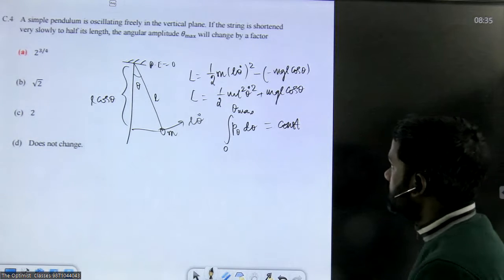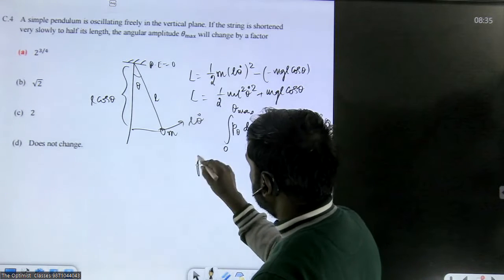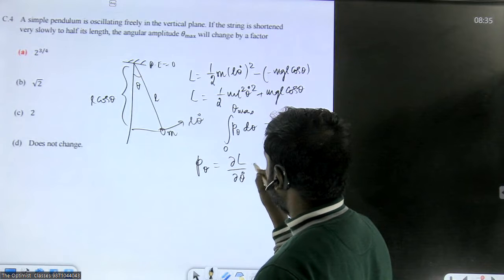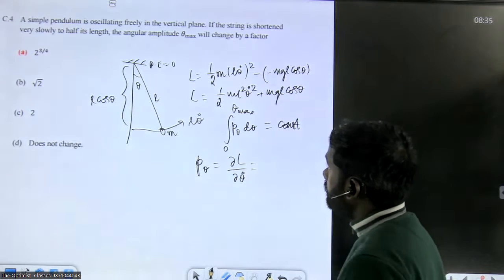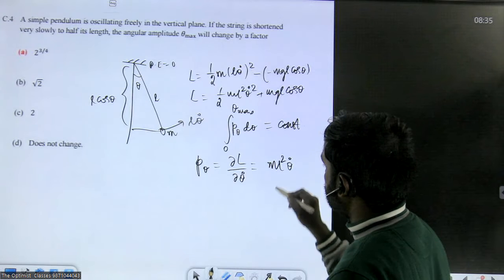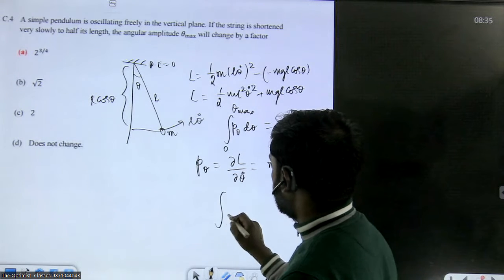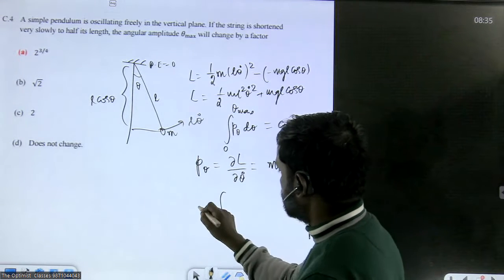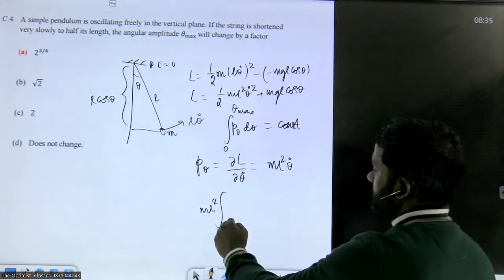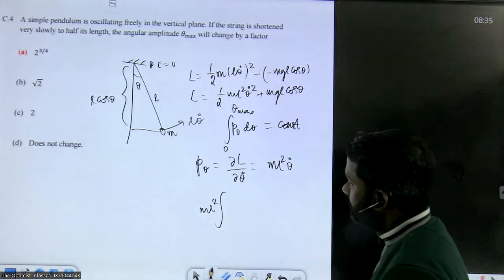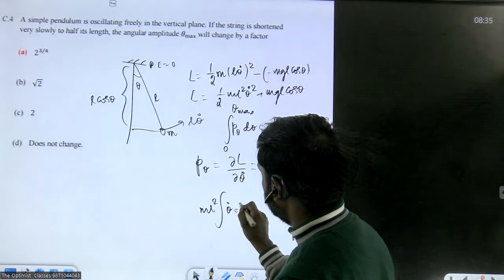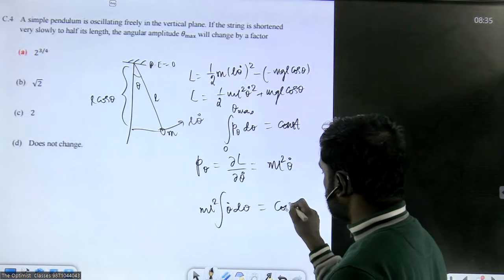Here p theta, the generalized momentum, is del L by del theta dot, which comes out to be m L square theta dot. Let's put it here. We have m L square, and since we are integrating with respect to theta, I'm taking L outside. Now here we have theta dot and d theta. So this is constant actually.